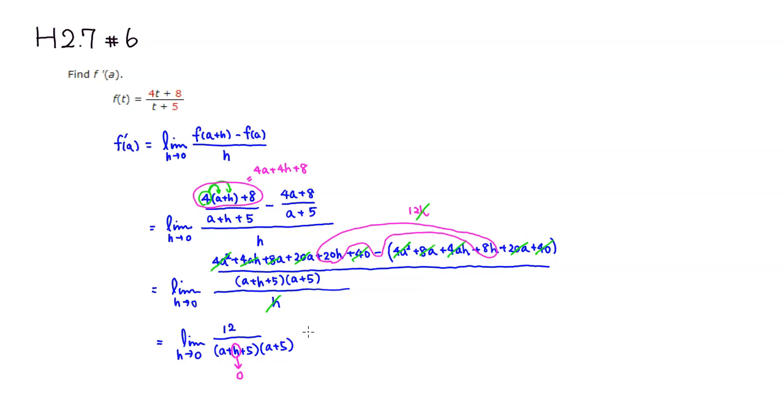What's left is 12 on top, and a plus 5 times itself, so a plus 5 squared. That's the f prime of a that we are looking for. That's it. I hope that this was clear.